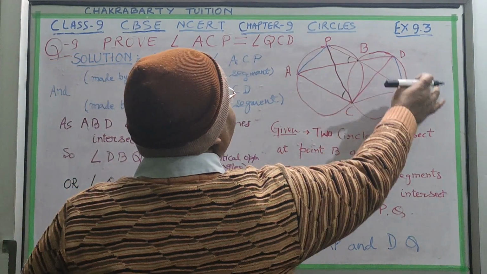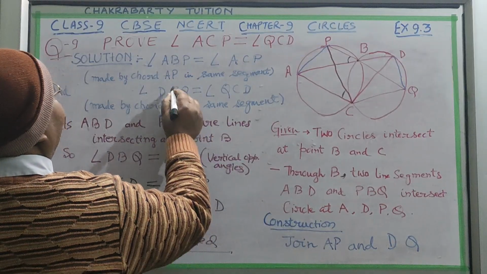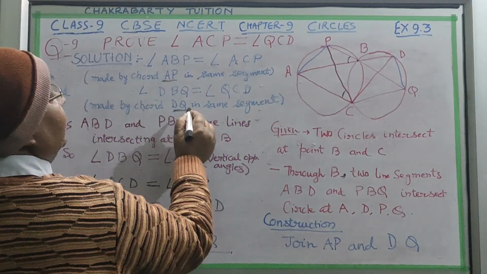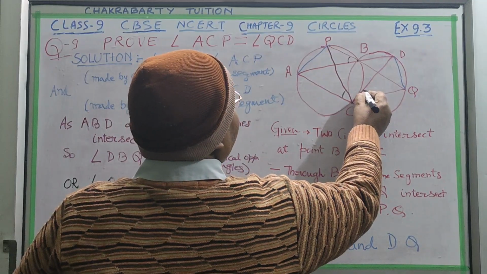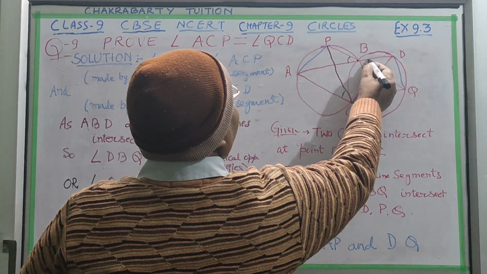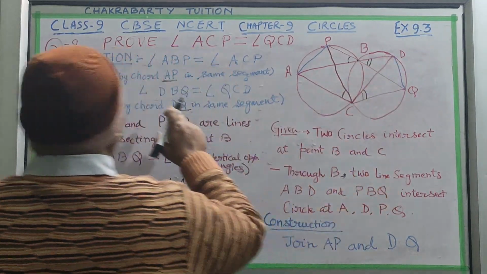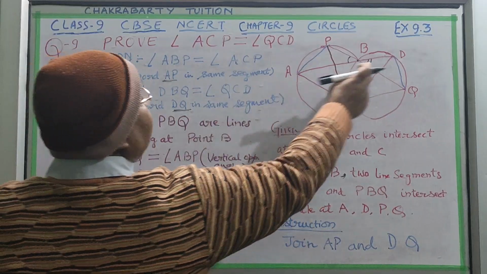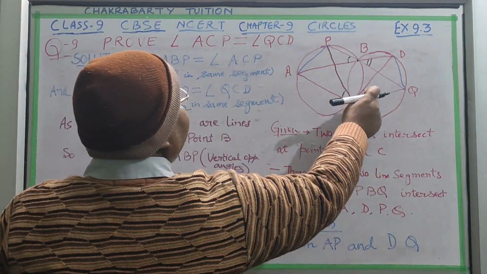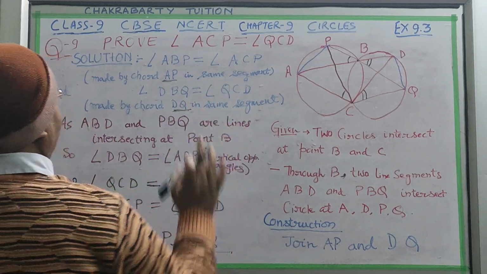Similarly, here if you take DQ, DQ is a chord, so it is making one angle here, and DQ is also making an angle here also. Okay. So this angle DBQ and QCD will be equal because this is made by the chord in the same segment.